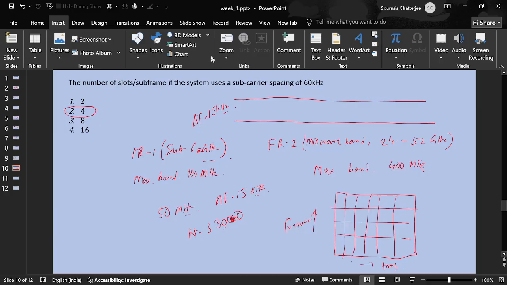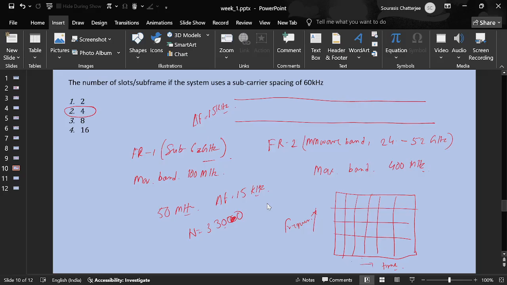And what is each slot? Can you repeat again? One slot has 14 OFDM symbols, and you have 275 PRBs. So to assign one user, you need to assign minimum one block and minimum one symbol.